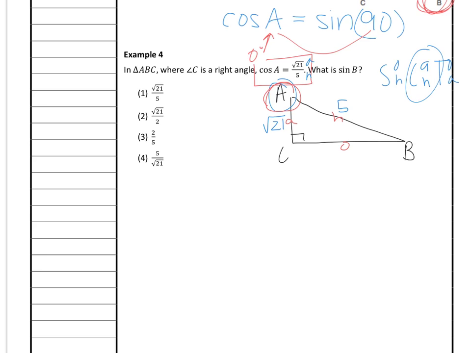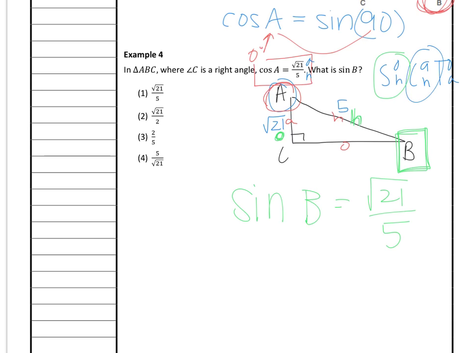Now, if I do a different color for B, here's B. Sine of B, well, sine is opposite over hypotenuse. So here I have opposite, here I have hypotenuse. So that means sine of B should be equal to square root 21 over 5. Right? Opposite over hypotenuse, based on the picture that I already had labeled. So wait a second.